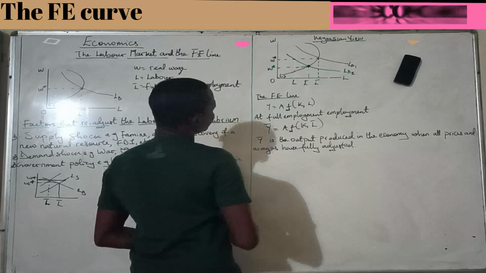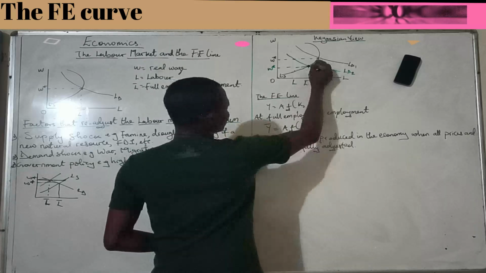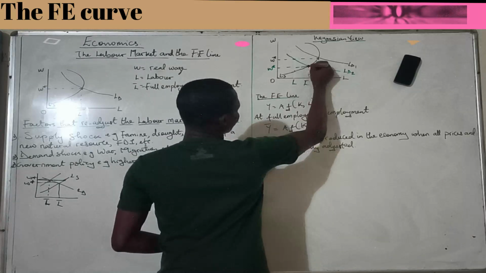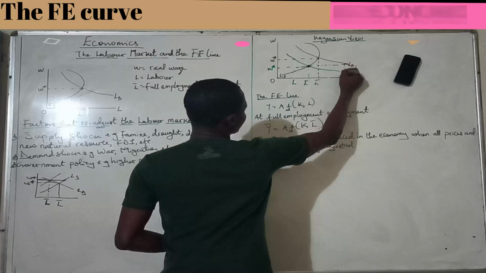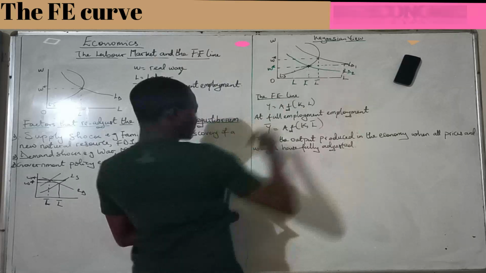The Keynesian view holds that at this wage, this should be the labor demand. So there is a gap.